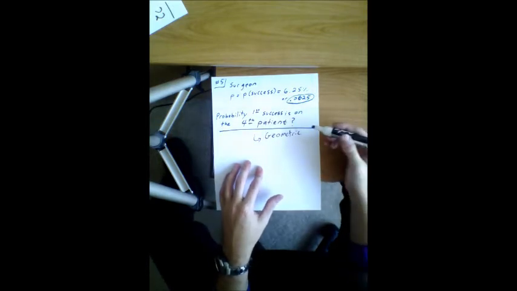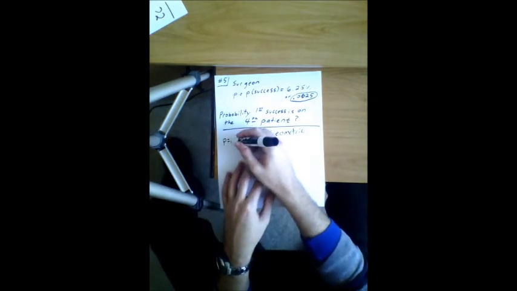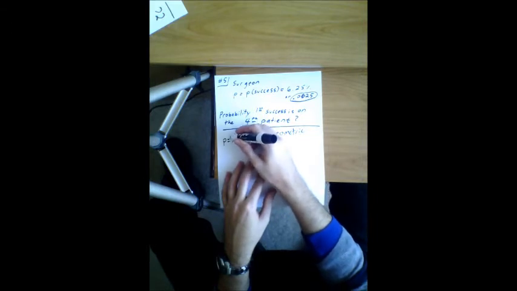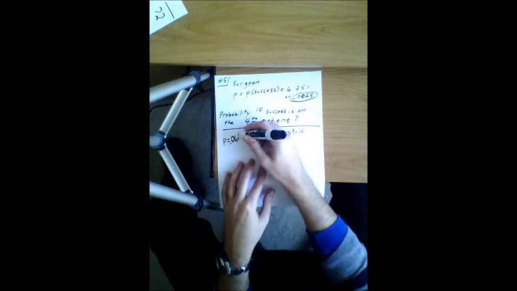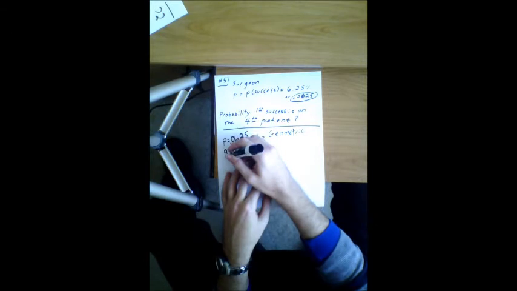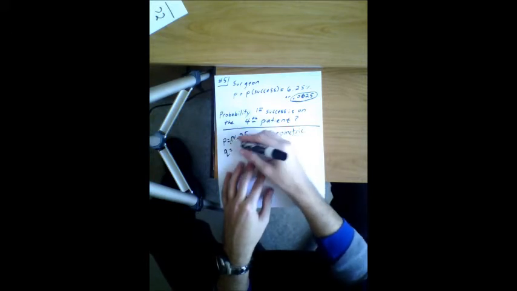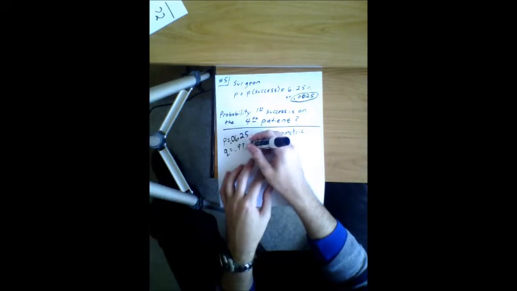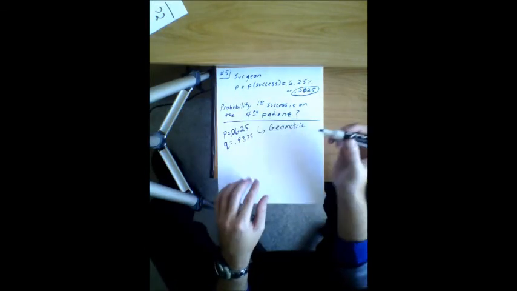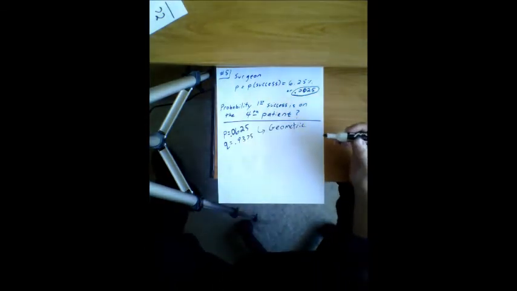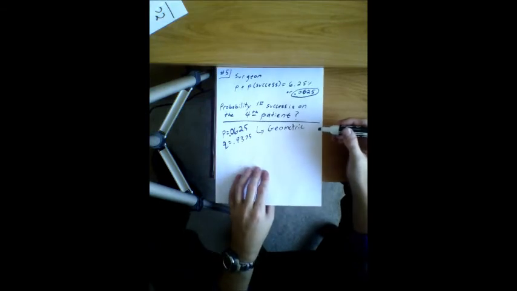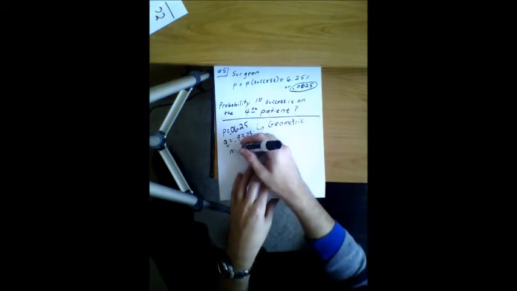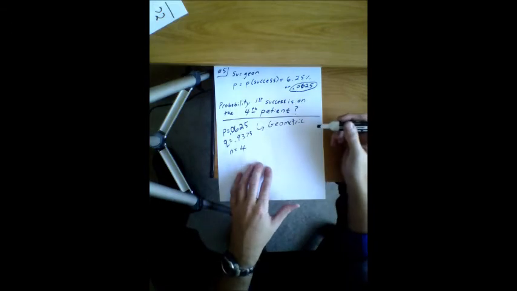So let's go ahead and label everything. We do have our P. Our P is 0.0625, which means our Q is 1 minus 0.0625, so it's going to be 0.9375. And let's see, what is our N? Our N is 4.